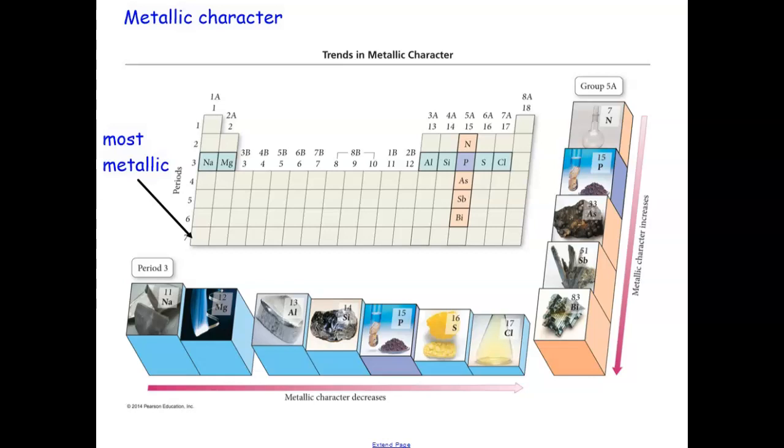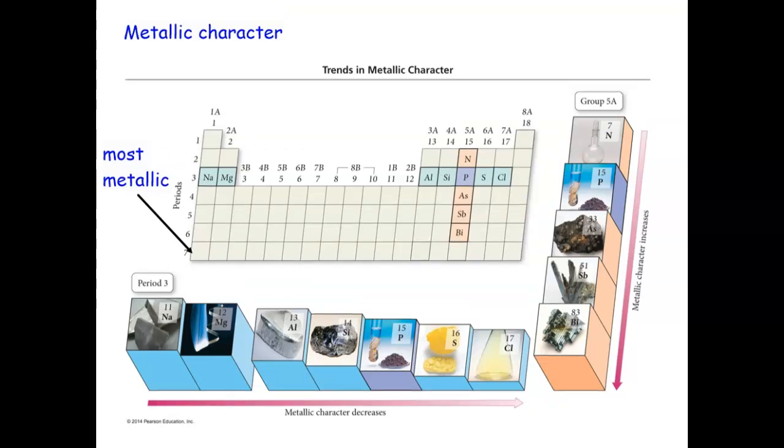And we see that metallic character increases as we move from the top to the bottom of the periodic table. And column 15 shows this really well because it goes from nonmetals to metalloids to metals. So basically, if we're looking at these trends, we would see that francium is the most metallic and helium would be the least.